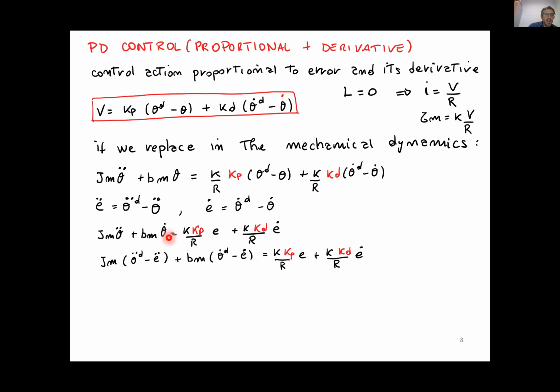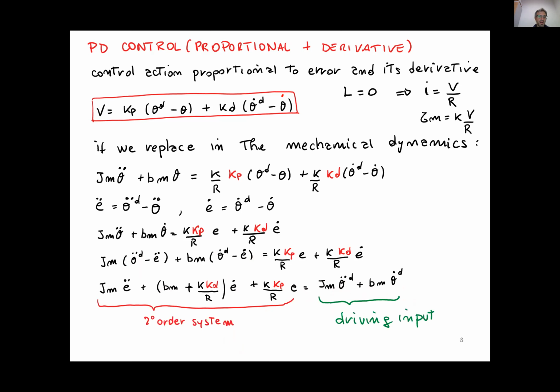We see here we have only the actual values, so we should replace the velocity with theta dot desired minus e dot, and the same for the acceleration. If we further develop this and put everything on the left, we get the tracking error dynamics, while on the right we have terms dependent on our reference input.